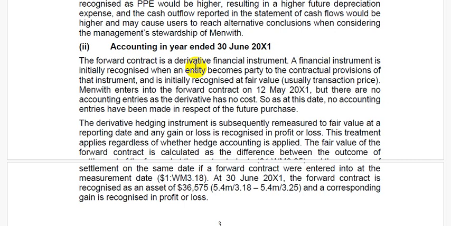A financial instrument is initially recognized when an entity becomes party to the contractual provisions of that instrument and is initially recognized at fair value, usually the transaction price. Take note that the recognition criteria for financial instruments differs from that of other assets.